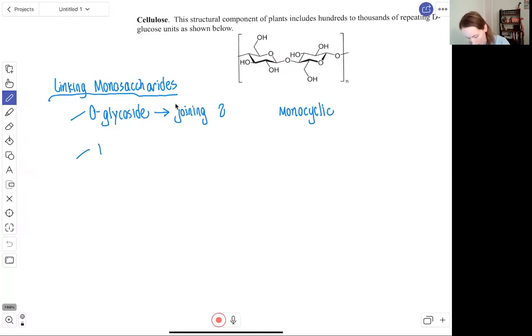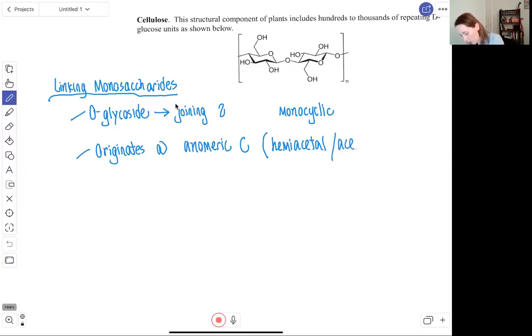So the glycosidic bond, we describe as originating at the anomeric carbon. Remember that the anomeric carbon is that hemiacetal carbon, or it could also be an acetal carbon, depending on the exact structure. So it originates at the anomeric carbon of one sugar, specifically a monosaccharide.